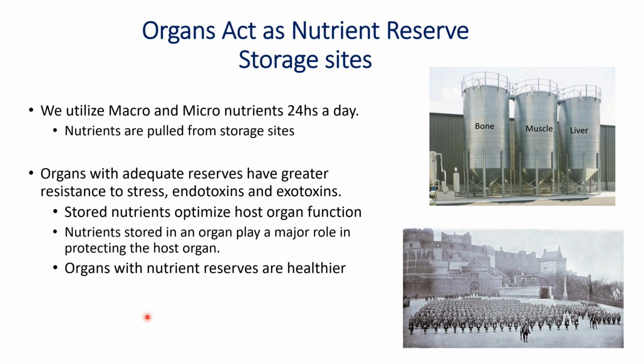If we're working 2.5 times harder, we need 2.5 times the nutrients, certainly above RDA levels, right? So one of the things that I looked at was that organs with adequate reserves have a greater resistance to stress and endogenous and exogenous toxins.